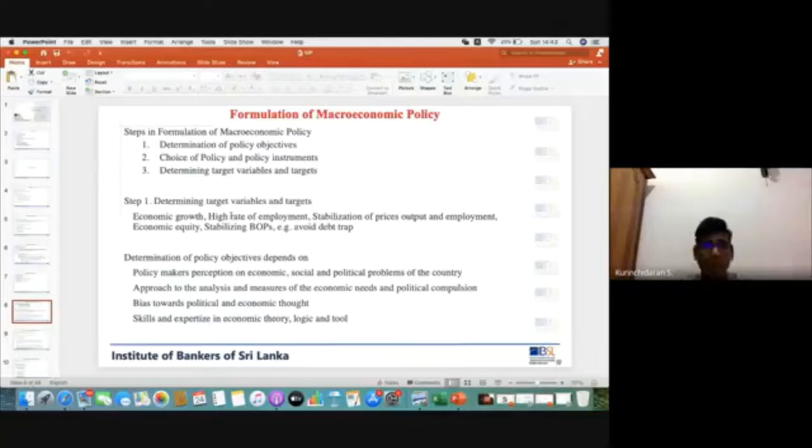Policymakers' perception on economic, social and political problems of the country, right? And approach to the analysis and measures of economic needs and political compulsion. It may be biased towards political and economic thought, or skills and expertise in economic theory, logic, and tool.